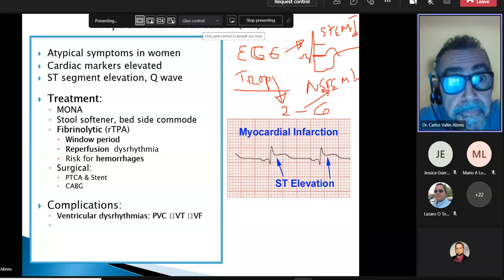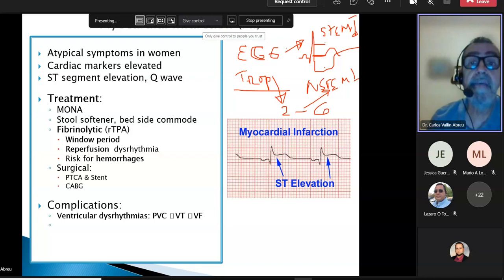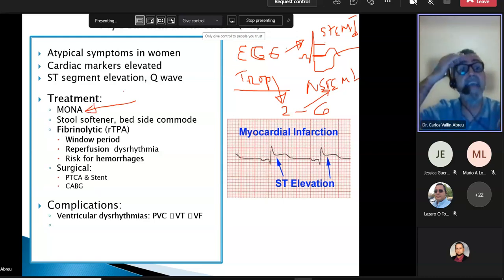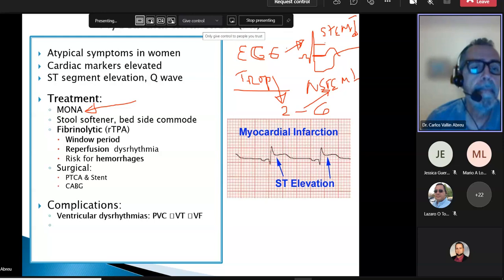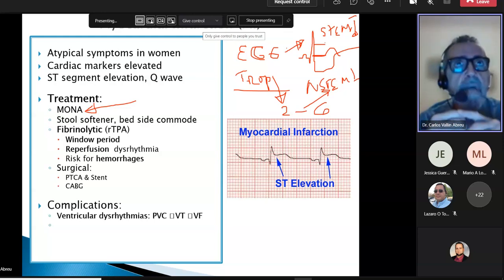The patient that has the myocardial infarction, meanwhile the reperfusion therapy is established, can receive some medications called first aid medications, that are the nitroglycerin, the aspirin, the oxygen, and the morphine. There is a famous mnemonic for that, but this is not necessarily the order.